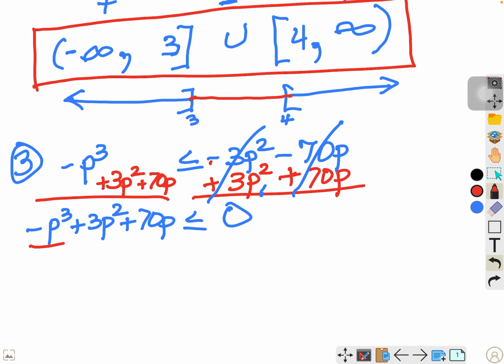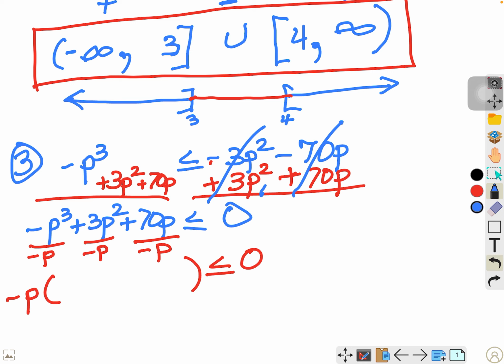So factoring out is just like dividing out. So I'm going to show my work for what I'm factoring out, a negative p. And that's going to leave me with a trinomial times the negative p. And that quantity should be less than or equal to 0.